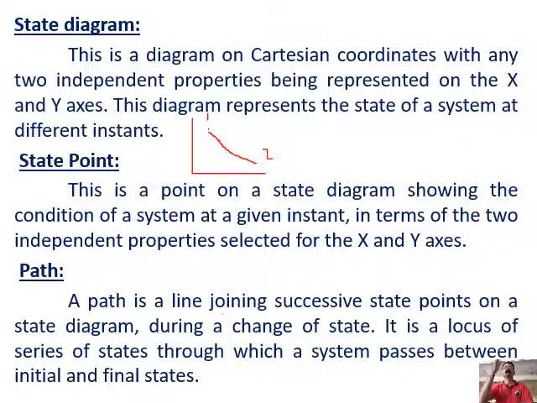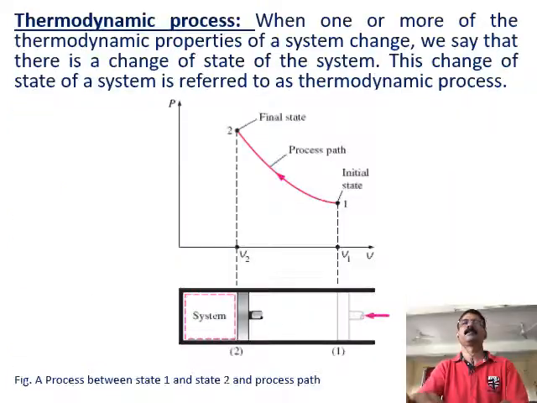So locus means the line connecting all such state points from state 1 to state 2. That is called the path. I hope it is clear for you, right? A line joining successive state points on a state diagram during the change of state is nothing but the locus of a series of state points through which the system passes between the initial and the final states. Now, thermodynamic process.